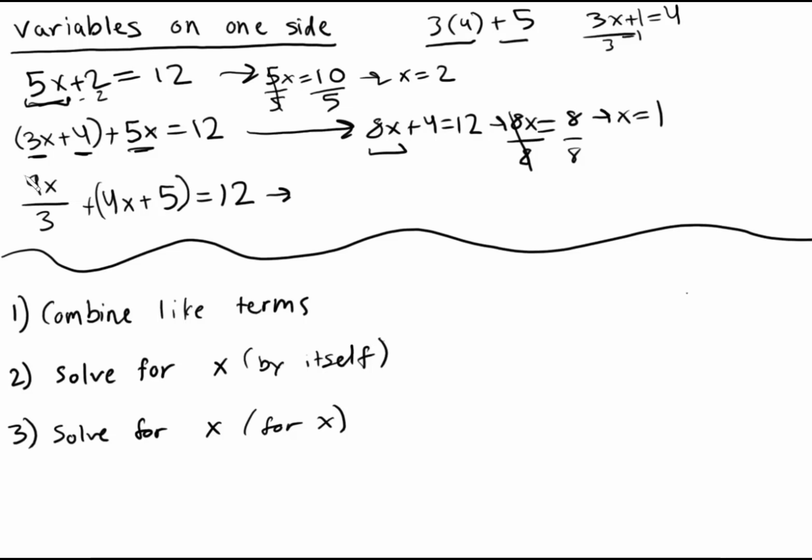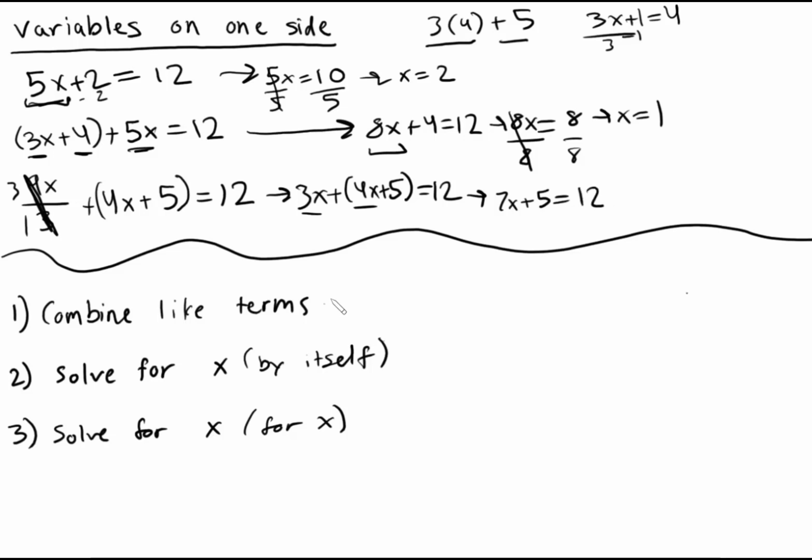You notice that 9 is perfectly divisible by 3, so you simplify that 9x over 3 to be 3x. Rewriting this, you get 3x plus 4x plus 5 is equal to 12. Now you can combine the x's, since there's no other number term, and you get 7x plus 5 is equal to 12. That was our step 1.